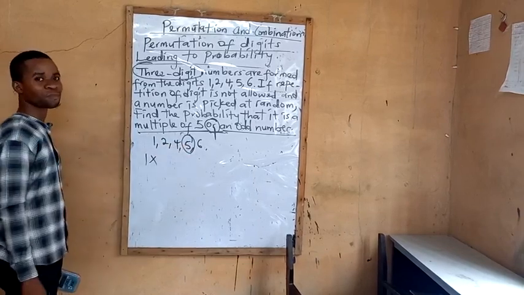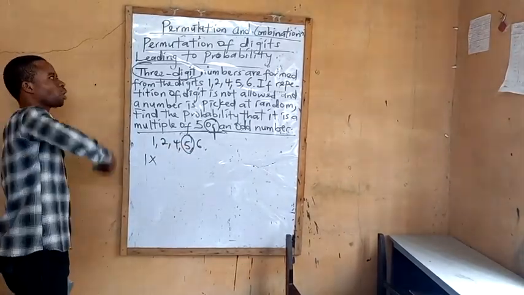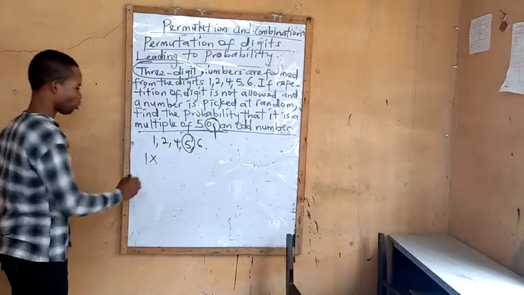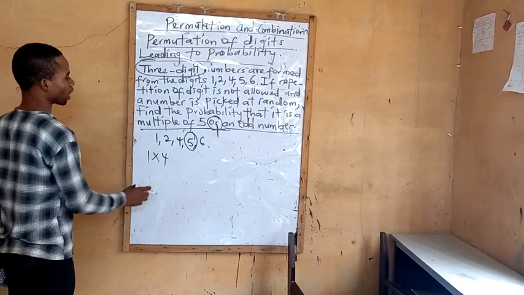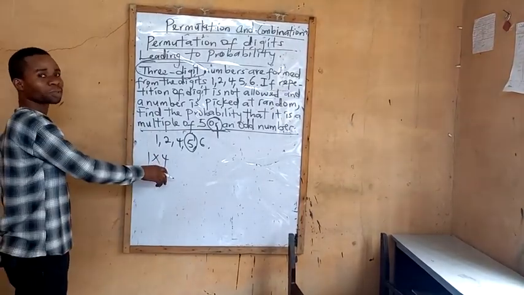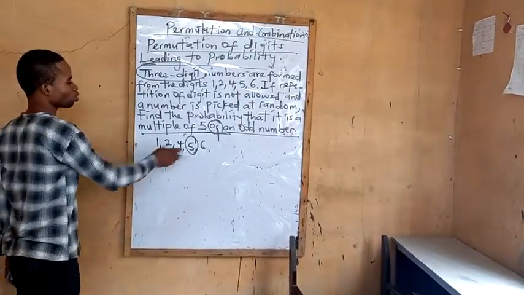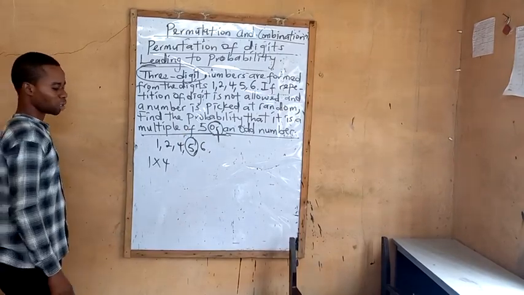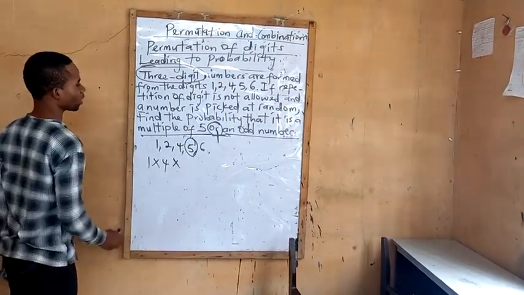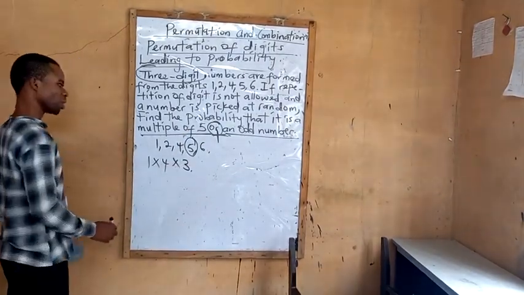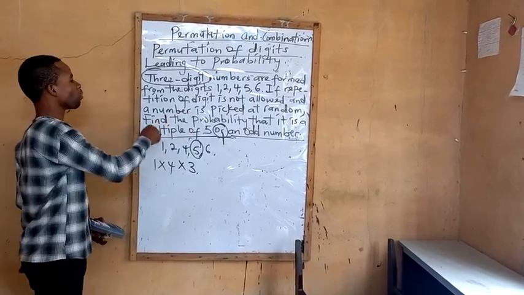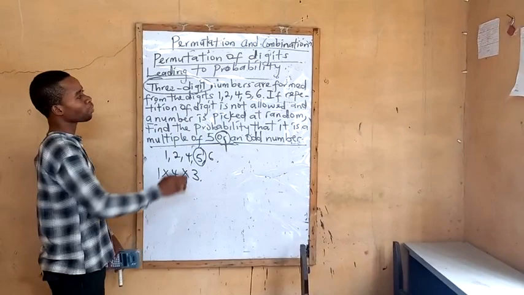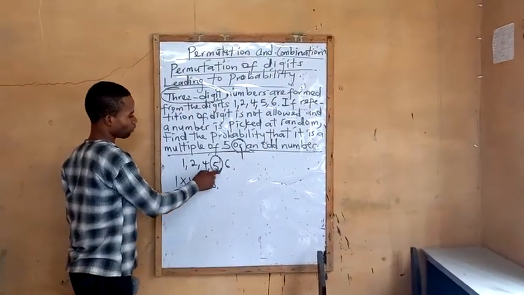It's going to occupy the 5 places. So the second number I'm going to pick is going to occupy the 4 places. Don't forget that repetition is not allowed. Assuming repetition is allowed, the second number would be times 5, because it would occupy the whole 5 places again. So the third number is going to occupy the 3 places. Let me explain again. They said to find the probability that it is a multiple of 5, and all the numbers given to us are just 1, 2, 4, 5, 6.